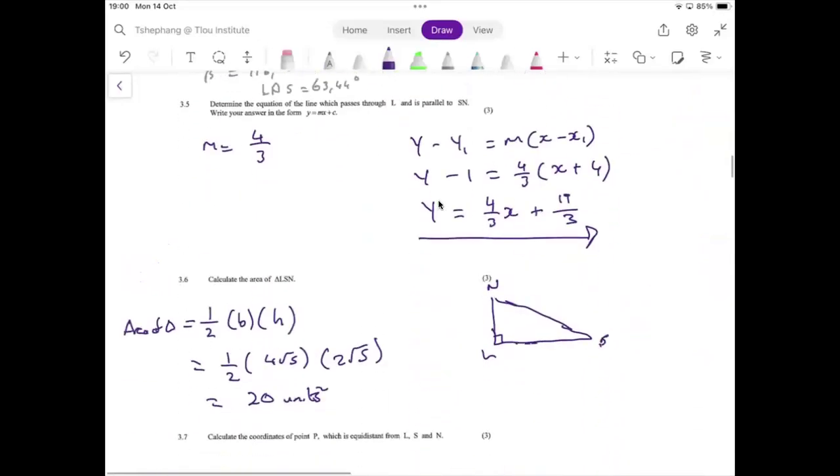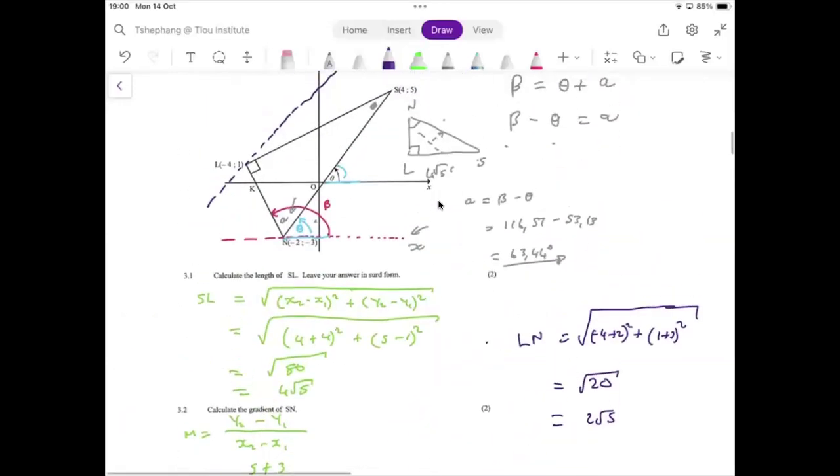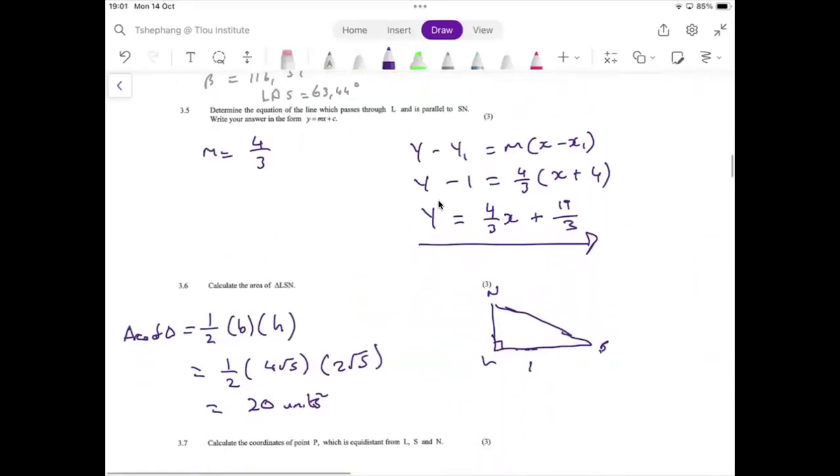Then plug in what you have, right? What did we have? We had the distance of SL as 4√5. Okay, now what we didn't have is NL, and we calculated that to be 2√5 using the distance formula. Now we know we have a 90-degree triangle.